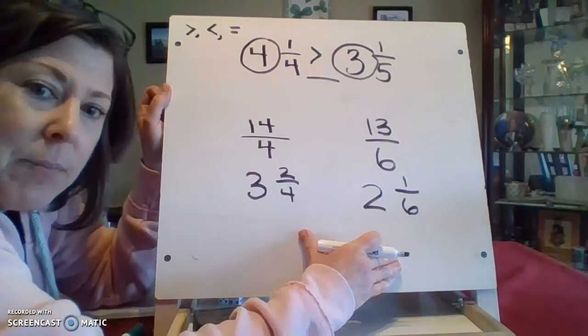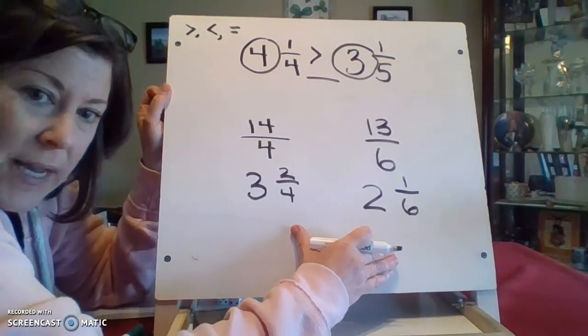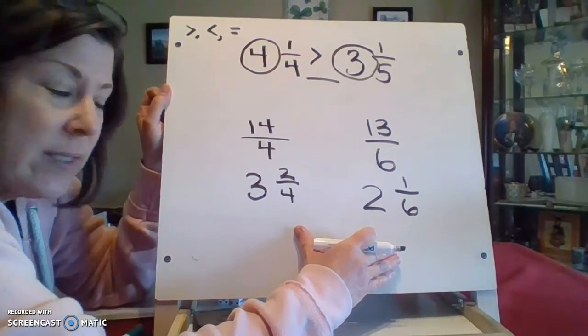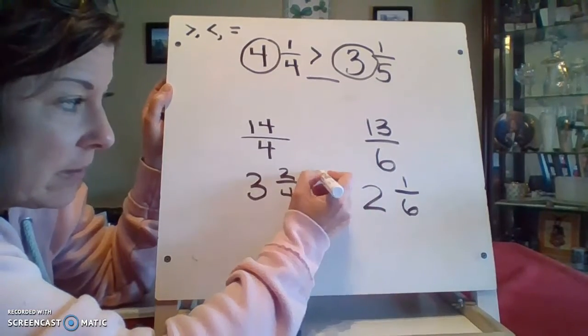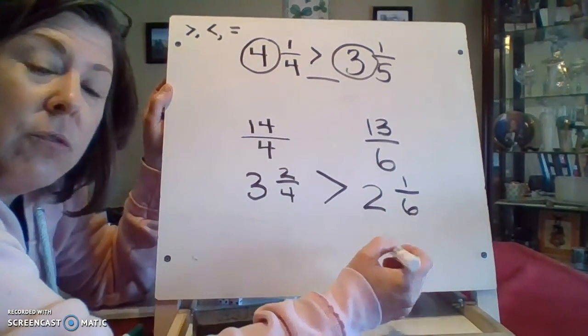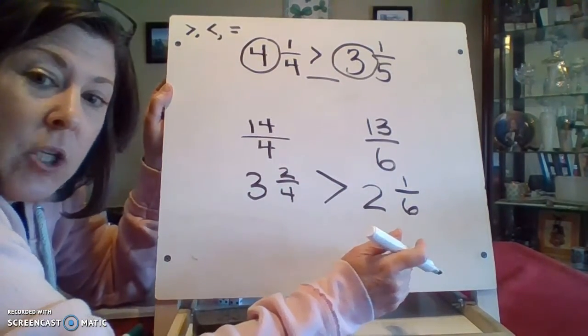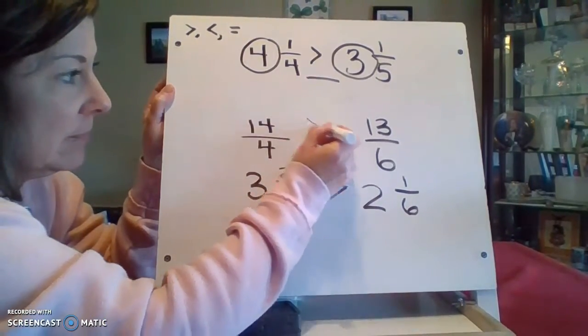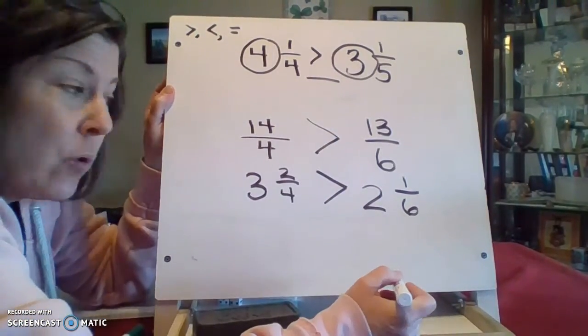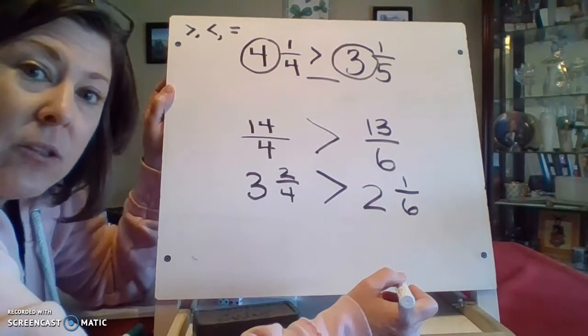So in this particular example, I have 3 2/4 and I have 2 1/6. 3 is larger than 2. So 3 2/4 is larger than 2 1/6, which means that 14/4 is greater than 13/6.